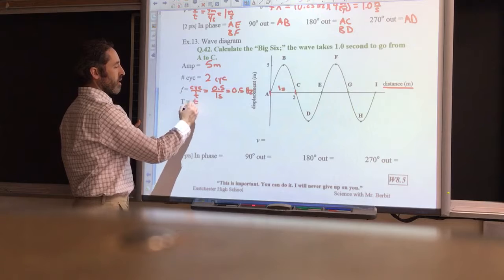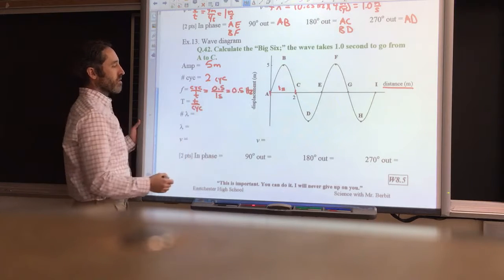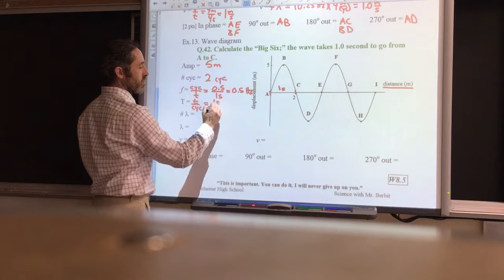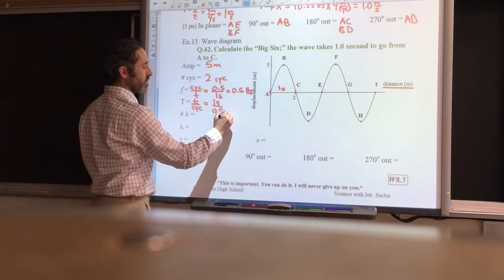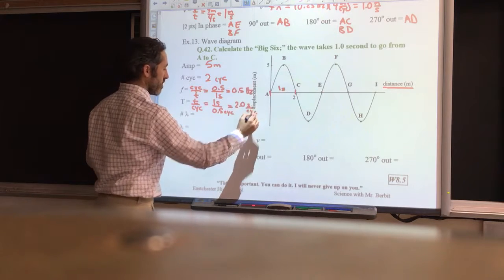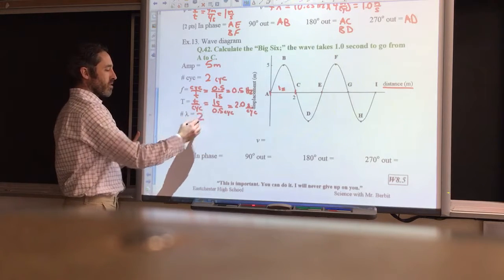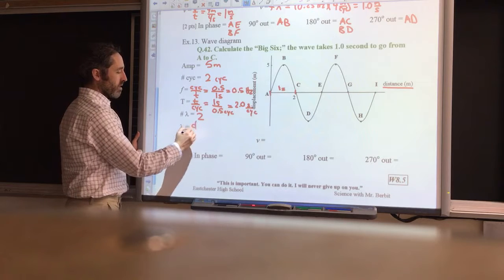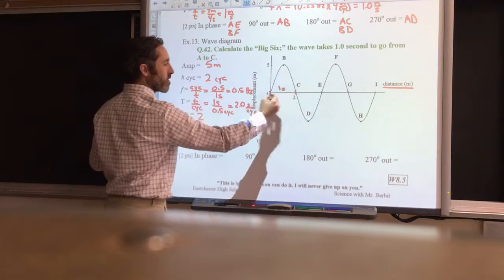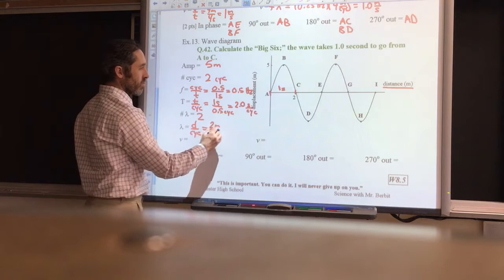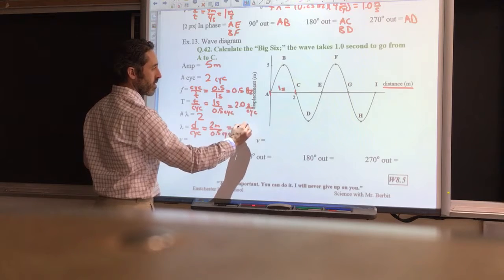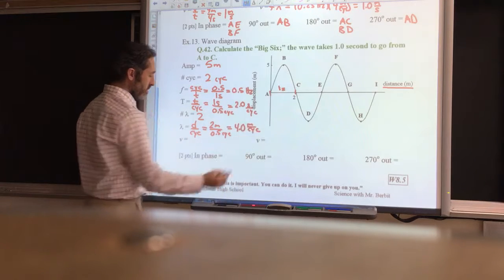Period, time per cycle. Of course, you could just invert this from the reference table. Or you can say, oh, well, it's 1 second per half cycle, which gives you 2 seconds per cycle. Number of waves, you count them again as 2. Wavelength, distance per cycle. You can use anything you want, but they gave you 2 meters right here. That's 2 meters per half cycle, which is a wavelength of 4 meters per cycle.